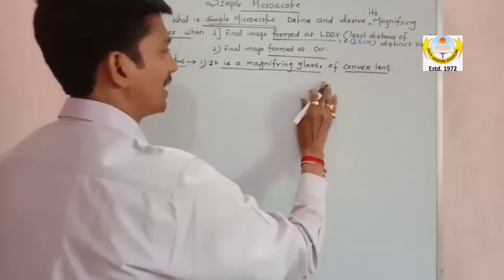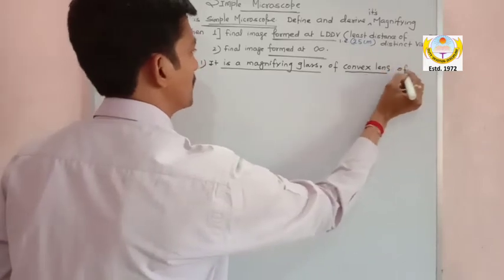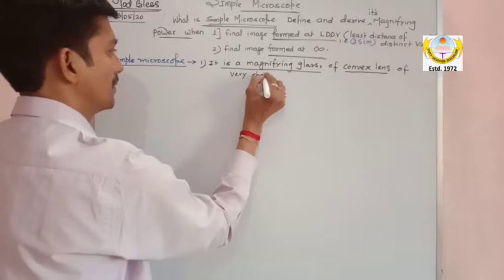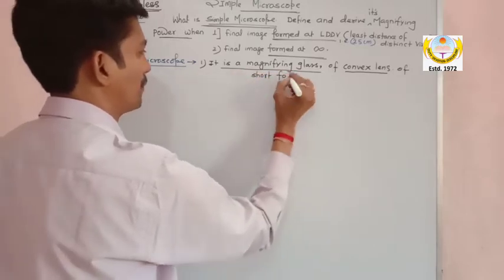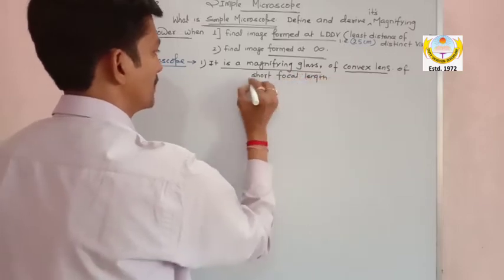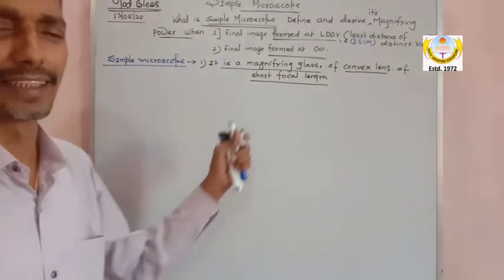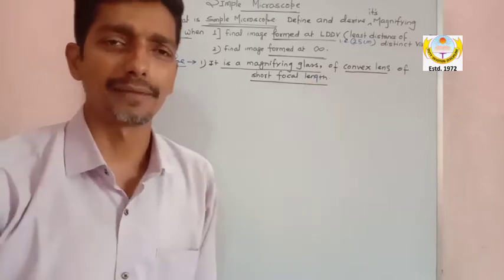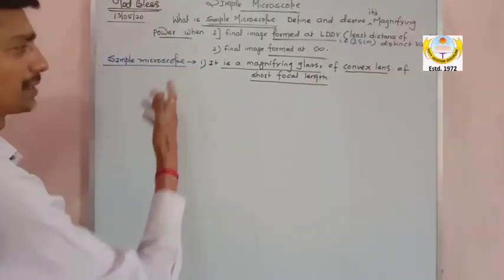Third, the convex lens is of very short focal length. So three things are very important: it is a magnifying glass of convex lens of short focal length. Am I clear, my dear? This is about your simple microscope.